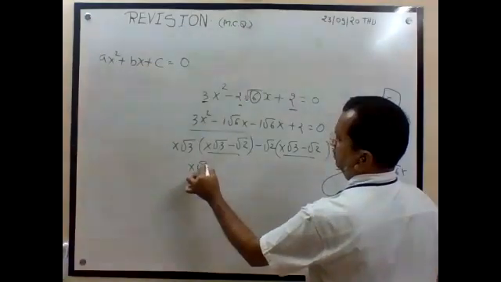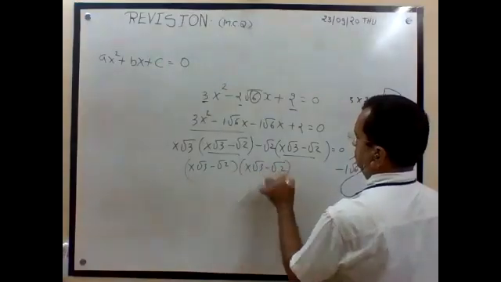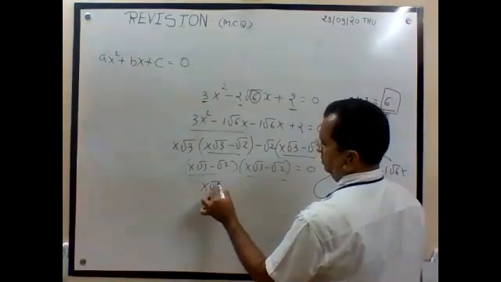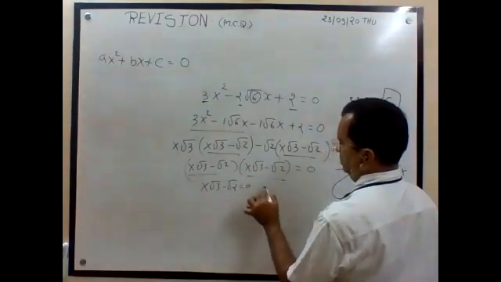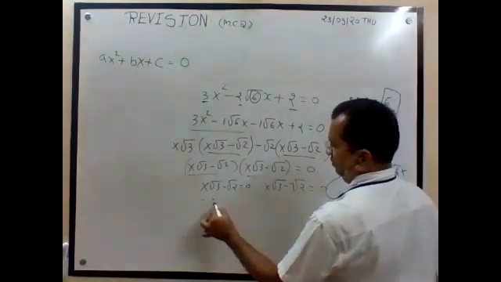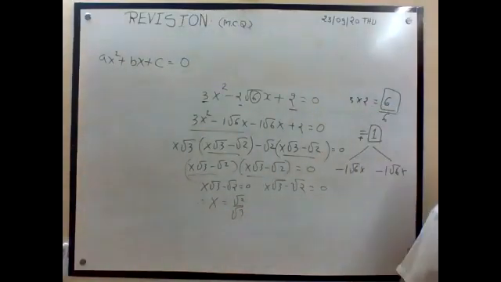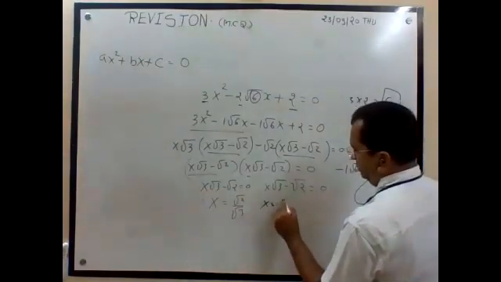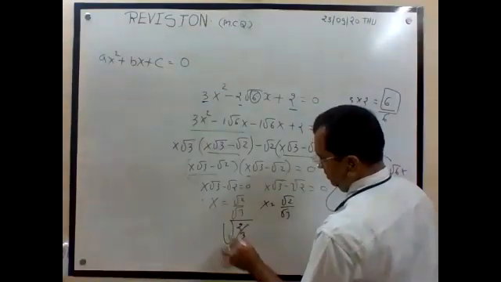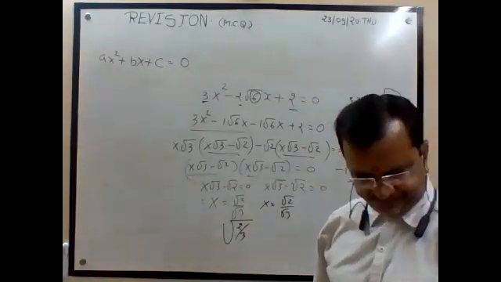Common of common: x root 3 minus root 2. Both are equal, so it is a perfect square. Therefore x is equal to root 2 by root 3. Or you can write 2 by 3 overall root. Both are the same answer, which means it is a perfect square.